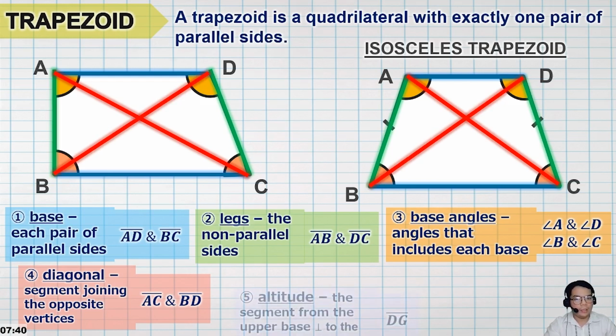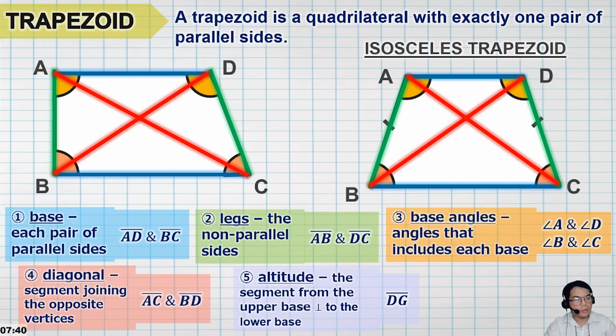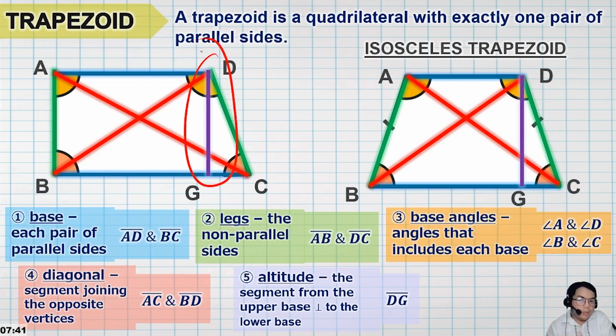Ayan. Next is what we call the altitude. In some books, they call it the height of the trapezoid. So it is the segment from the upper base that is perpendicular to the lower base. So kung gagawa ka daw ng line perpendicular to the lower base, you will be creating an altitude or the height. So yan, sa regular trapezoid, nilagay ko lang siya dyan kasi pwede naman dyan mo malocate yung ating altitude pero pwede rin dito sa side AB natin.